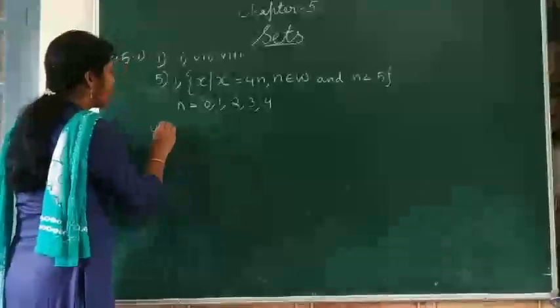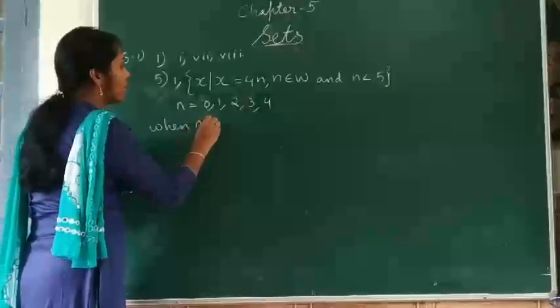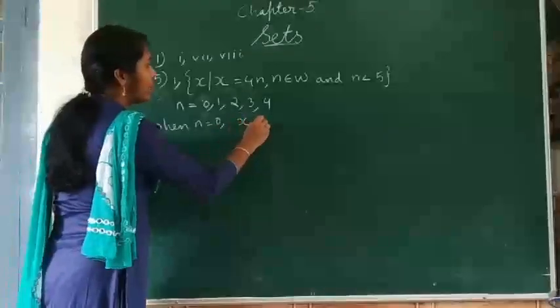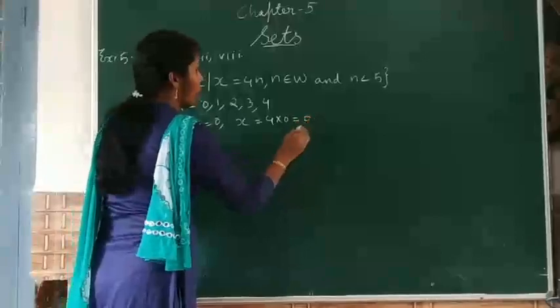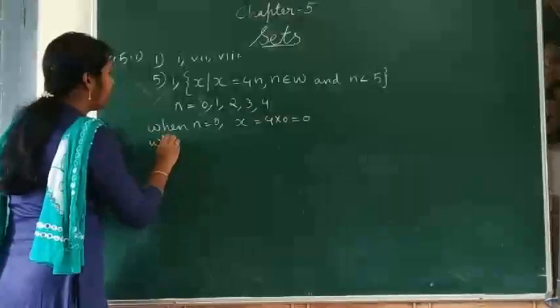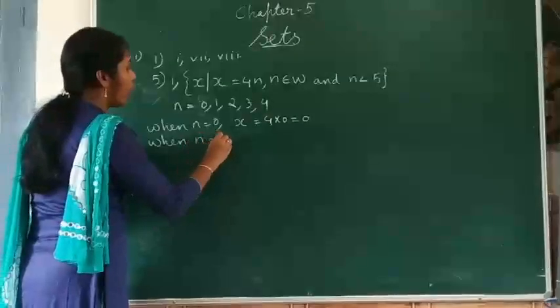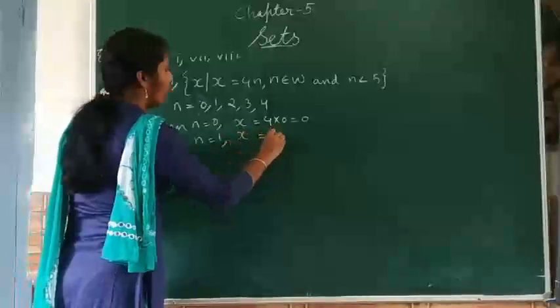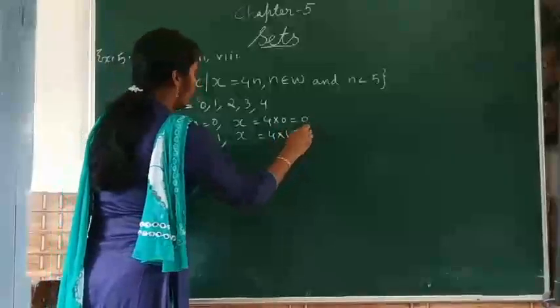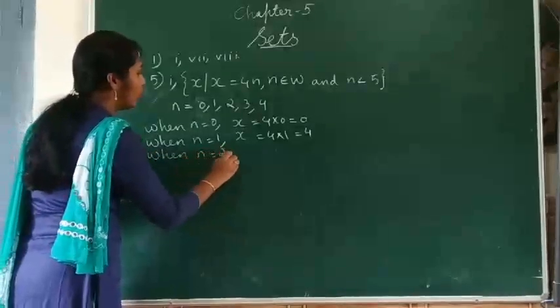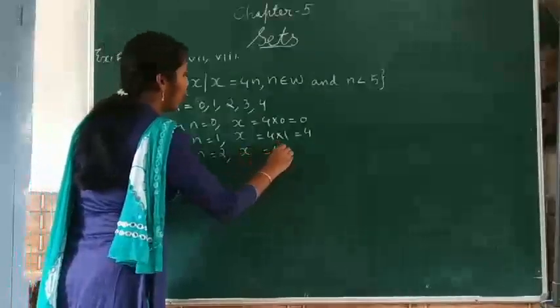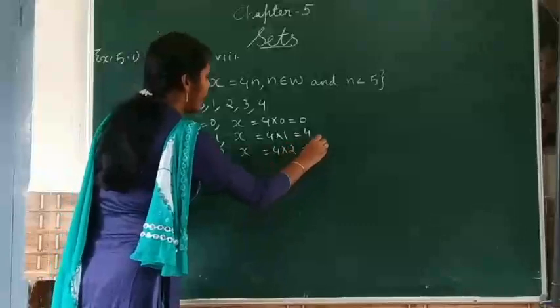So, when n is equal to 0, x is equal to 4 into 0, that is equal to 0. Now, when n is equal to 1, x is equal to 4 into 1, that is equal to 4. When n is equal to 2, x is equal to 4 into 2, that is equal to 8.